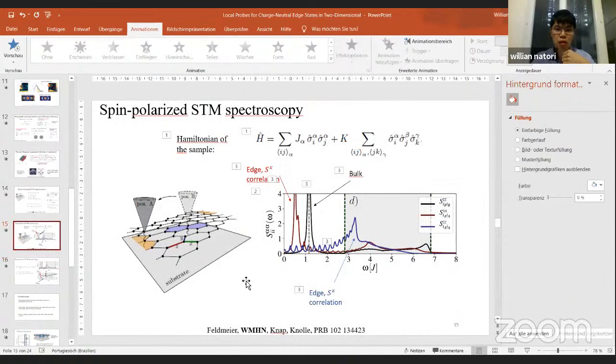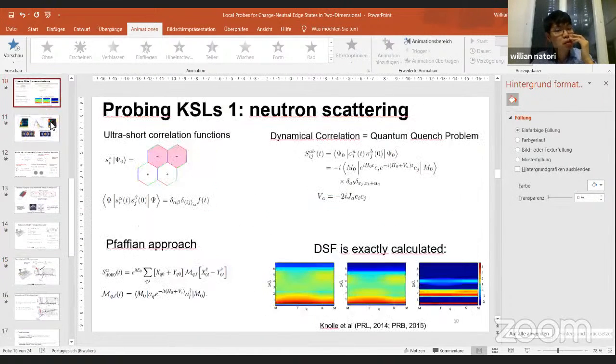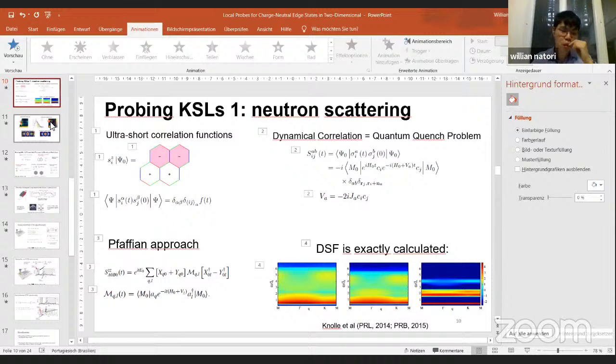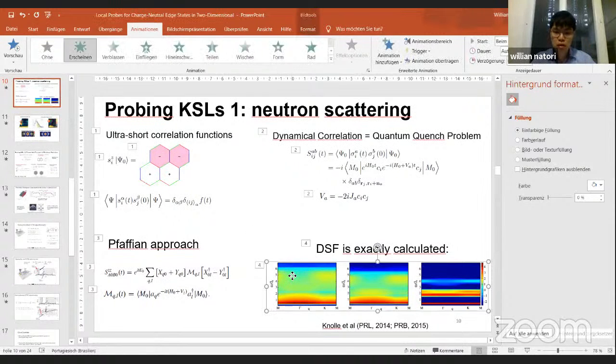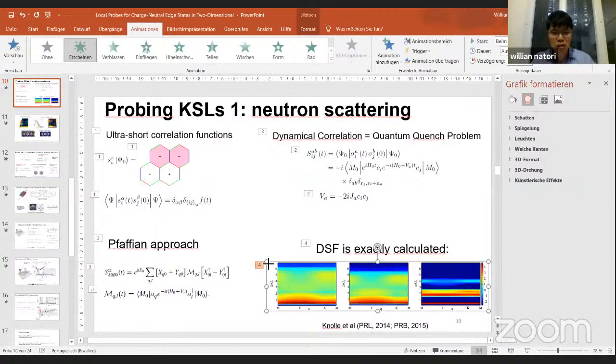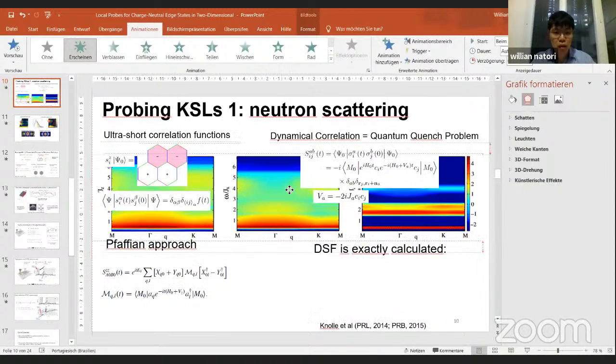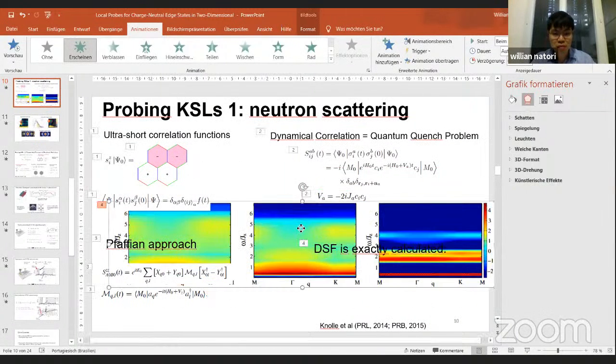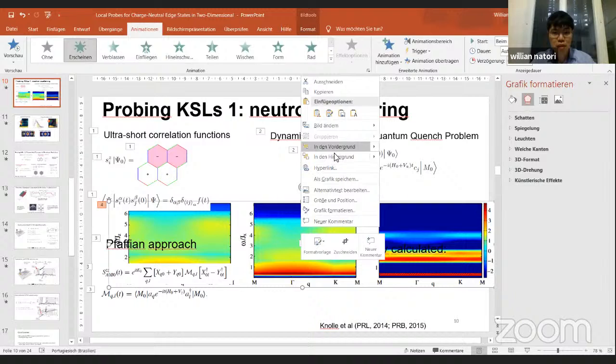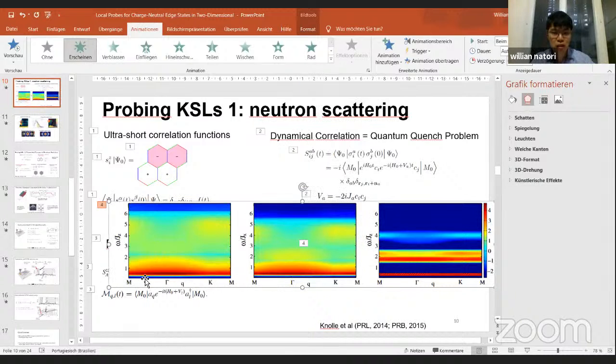The plateau. Okay. This is actually one thing that's interesting about the Kitaev model. If you consider just the dynamical structure factor, you will see that the dynamical response will always have a small gap here.